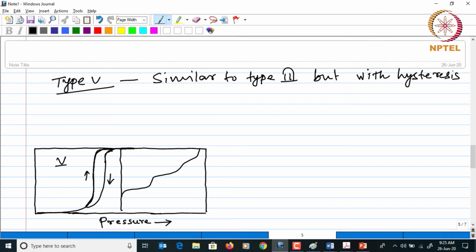There is a hysteresis here, right? This kind of isotherm is found at low relative pressure and is associated with mesoporous materials.